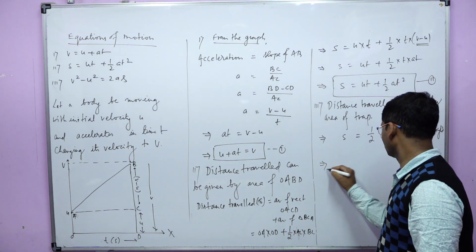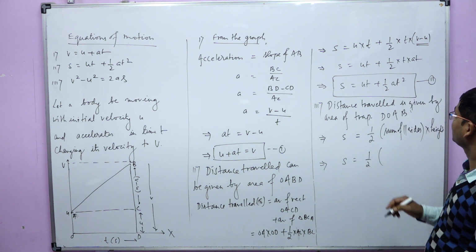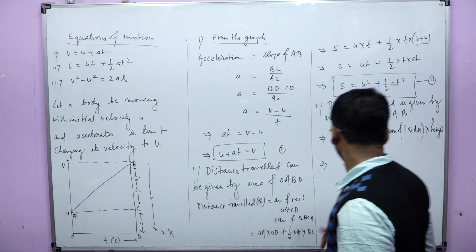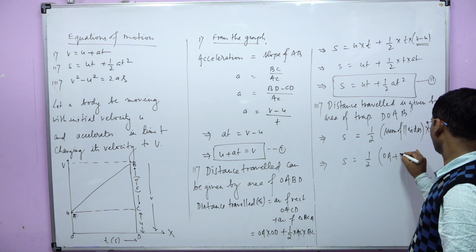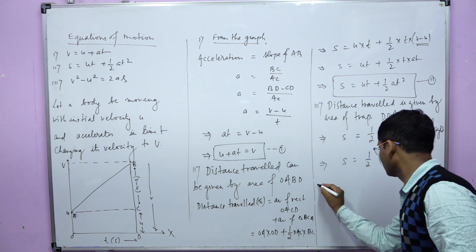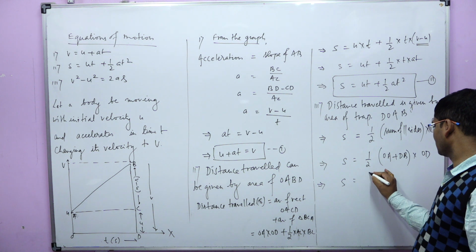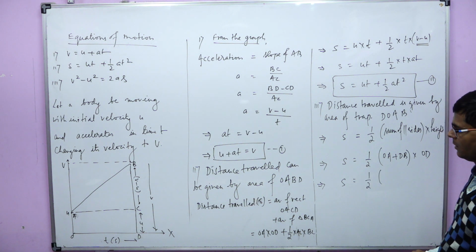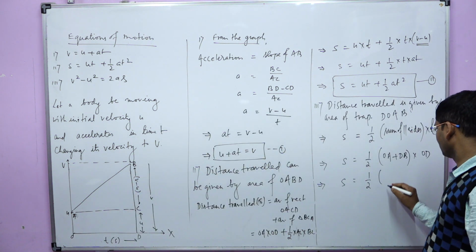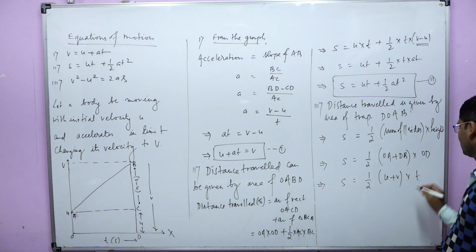So this implies s is equal to half the sum of parallel sides. You can check, OA plus DB, into height, which is OD. Let's put the values in terms of velocity and time. You will get half the sum of parallel sides, that is u and v, or u plus v, into OD, which is t.